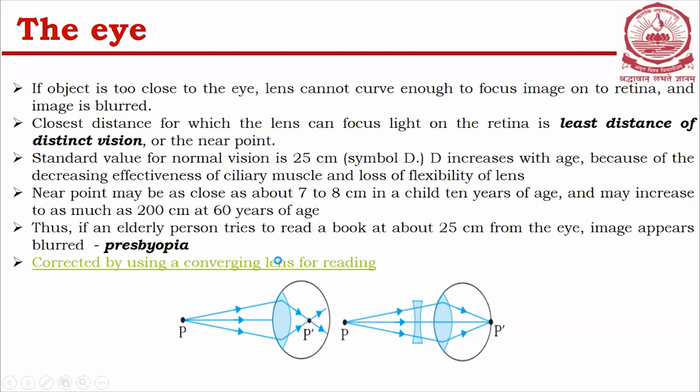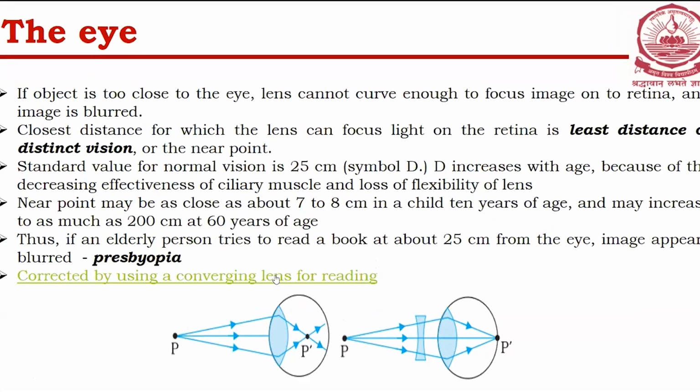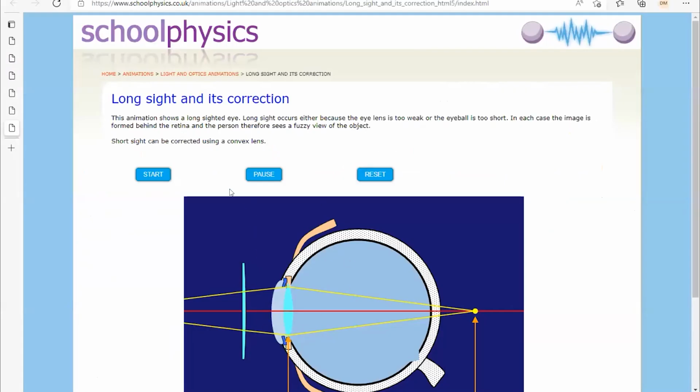So there is a remedy for this, I will just show that. You can see here how it is focused away from the retina. By using a convex lens, I am bringing the focus to the retina, something like this.